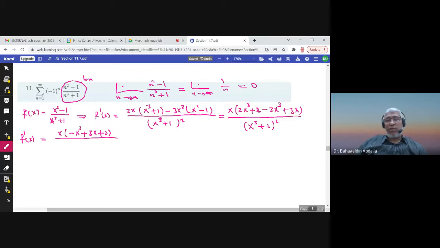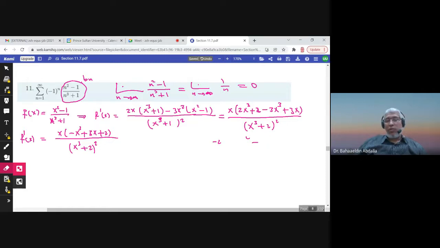So we get x times negative x cubed plus 3x plus 2 over x cubed plus 2, to the power 2. The derivative is 2x and 3x squared. I wanted to make sure that my answer is okay. Yeah, it's okay.